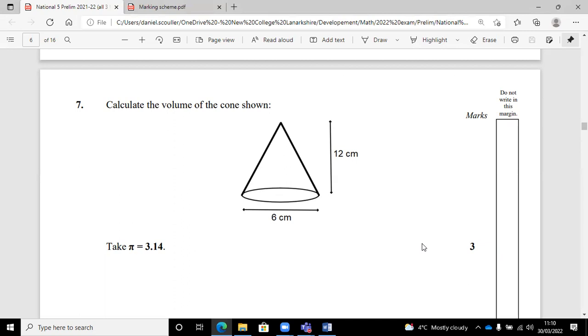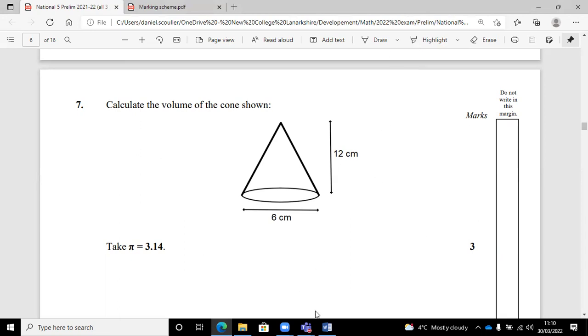You're given a diameter, which is 6, which means the radius is going to be 6 divided by 2, which is 3 centimeters. And you're given pi, which is equal to 3.14.